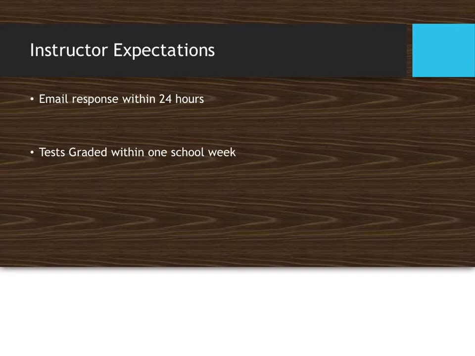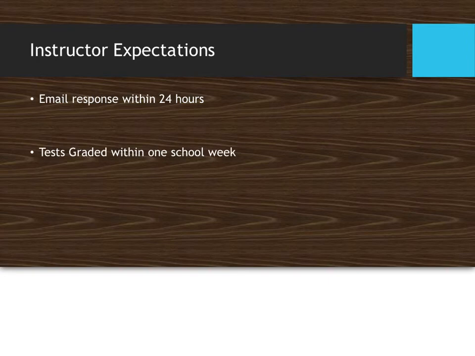And then when I grade stuff, obviously the forums and the quizzes. The quizzes are online. Those are pretty much immediate grading. As far as the forums go, once the due date has passed and once the test due date has passed, within one school week from the due date, I should have those graded.